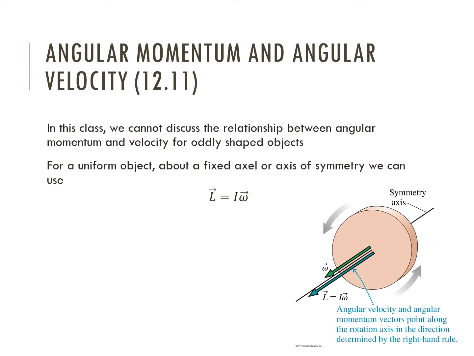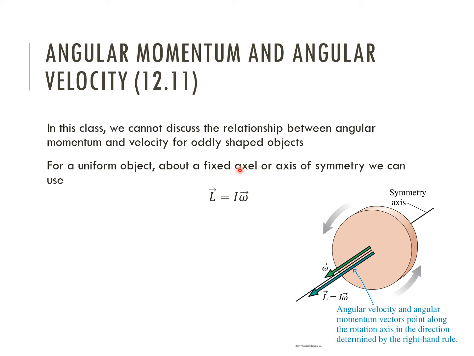So what it means by a fixed axle or axis of symmetry: axis of symmetry means we're rotating about the center of mass and everything is the same with it. So that's what the symmetry axis is. The fixed axle is just what we are rotating about.